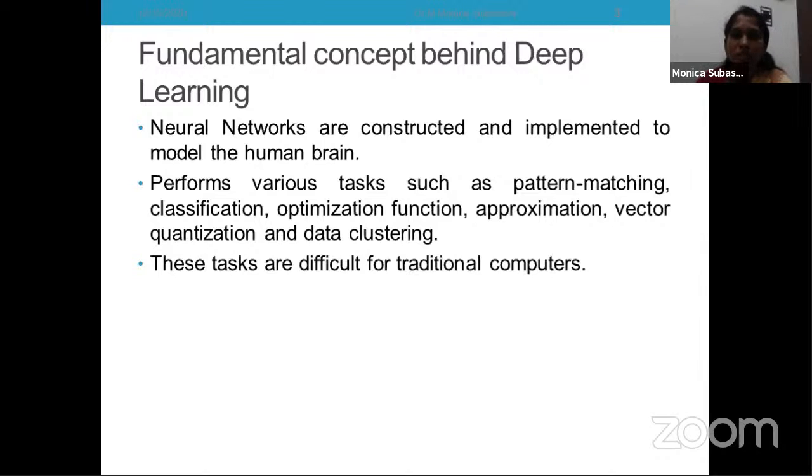These tasks could be difficult for traditional computers because we are going to train a program or a machine to think like a human being, to take decisions on its own. As a human being, I can decide whether there is a tumor or not, but how will a machine decide? You need to train the machine to perform these tasks with 100% efficiency and accuracy.